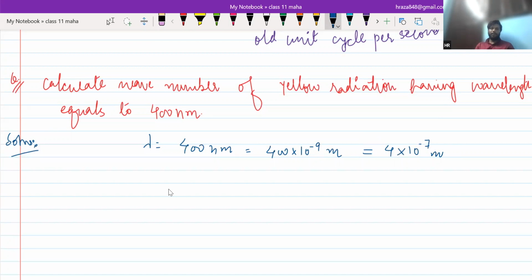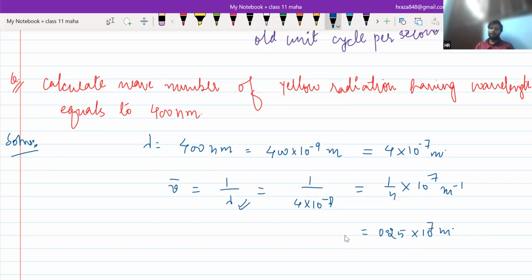Now we need to calculate nu bar, which is equal to 1 by lambda, so 1 by 4 into 10 raised to the power minus 7. Very good. Now it will be 1 by 4 into 10 raised to the power 7 per meter. The unit is per meter, because lambda is in meter. So it is 0.25 into 10 raised to the power plus 7 per meter.